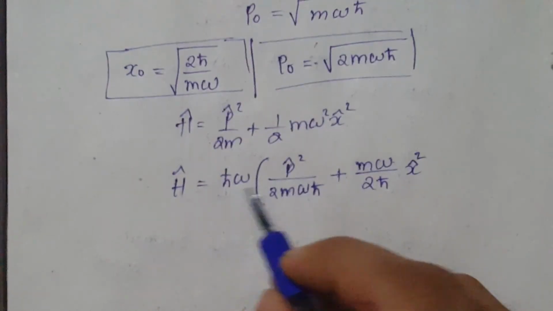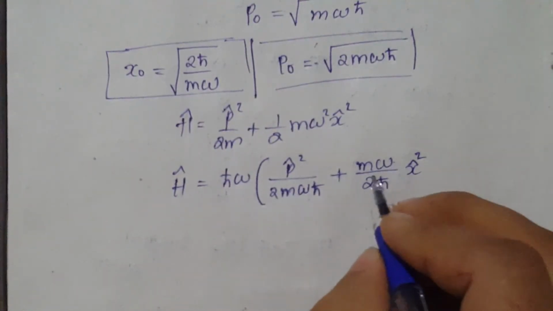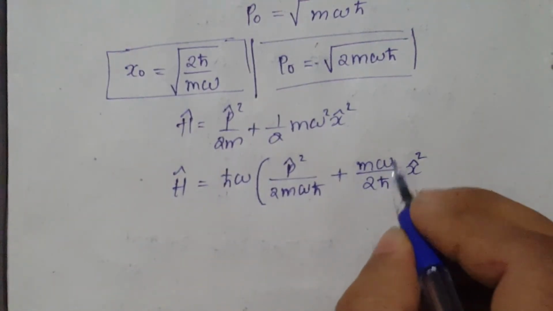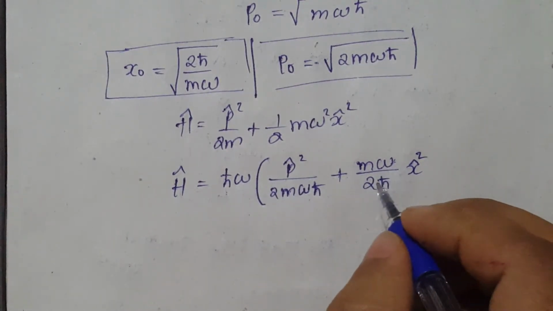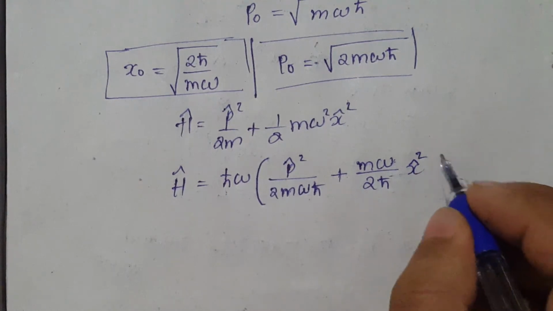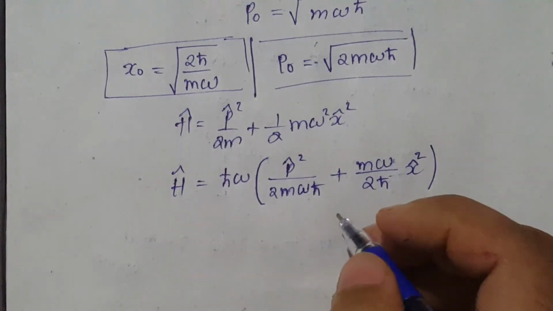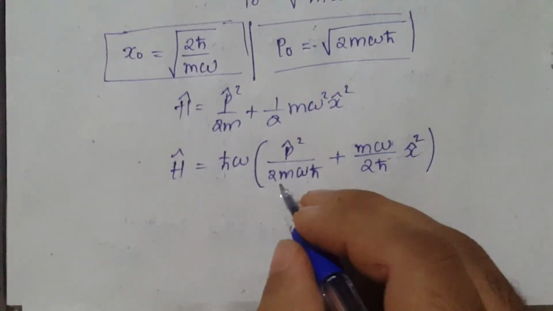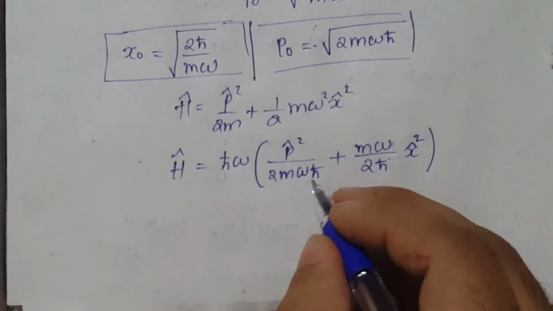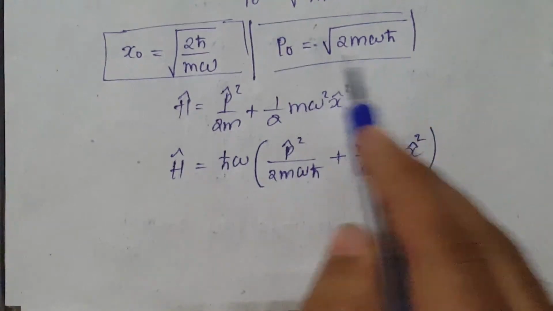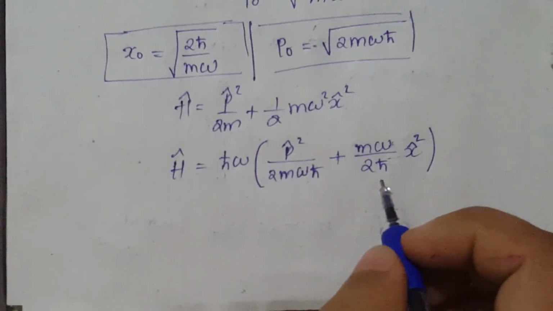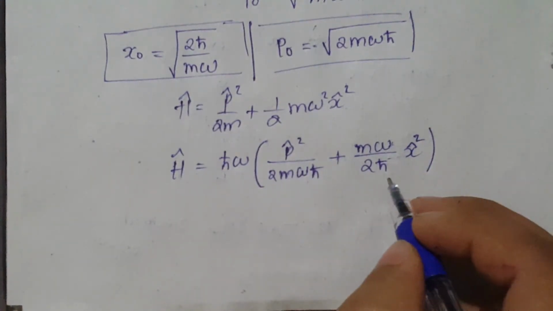So if you multiply h cut omega inside, one omega will come, so omega square, h cut will be cancelled. So m omega square by 2, or half m omega square. That's it. Now what is 2 m omega h cut? This is p naught square, isn't it? Similarly, what is here?